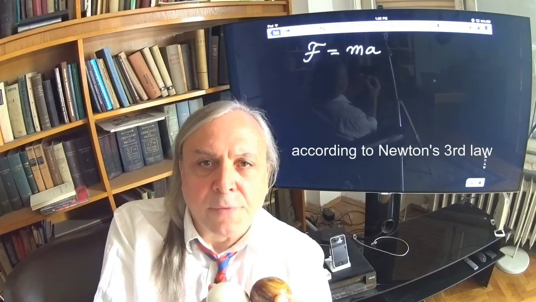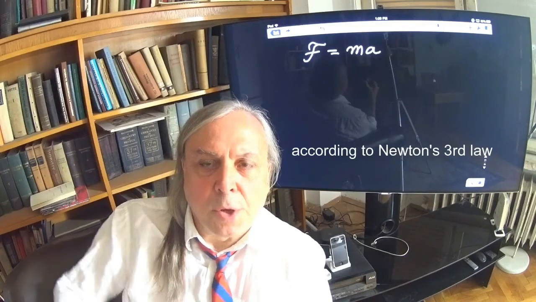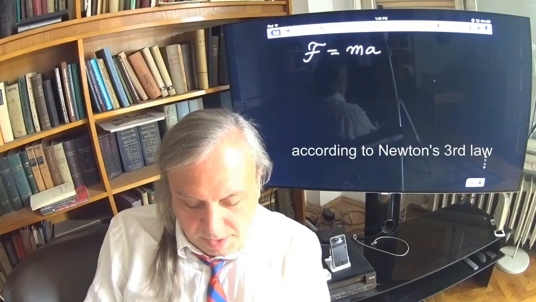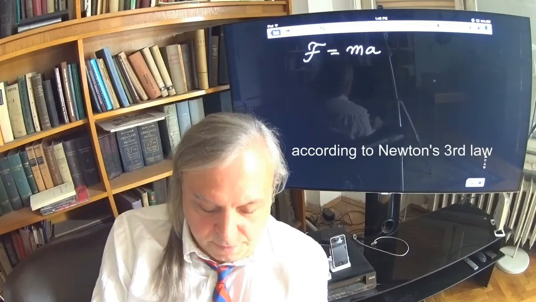Thus, if we have a free body at rest acted upon by another body, this other body exerts a force F which invokes a counterforce F star equal in magnitude but opposite in direction to the acting force F.